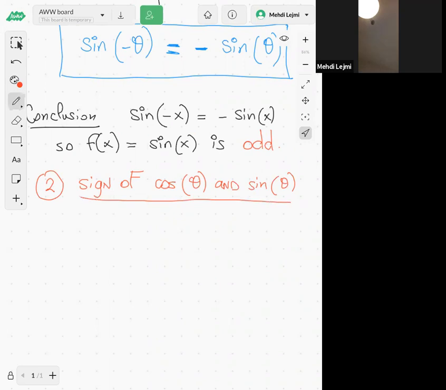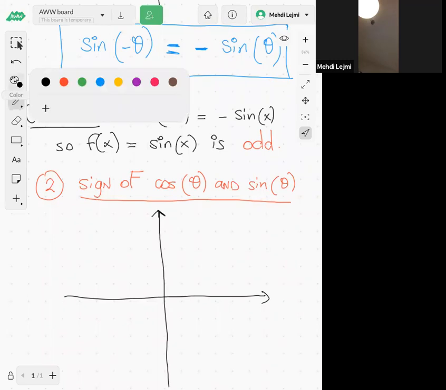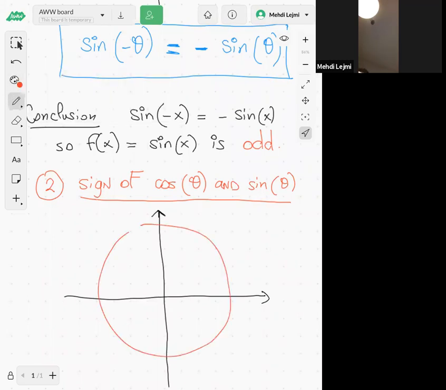So again, guys, we have this unit circle. So we have like 4 quadrants. I have this unit circle here, right? And so as you can see in this unit circle, we have 4 quadrants.